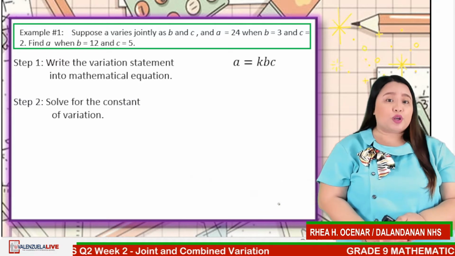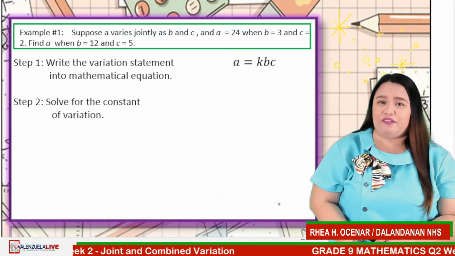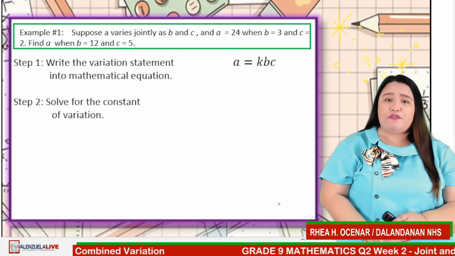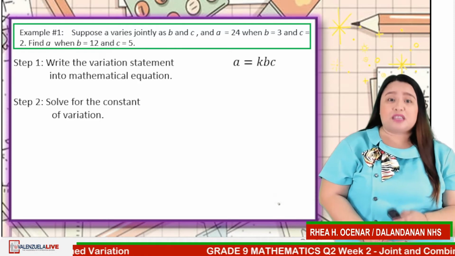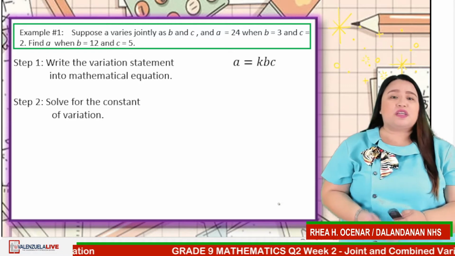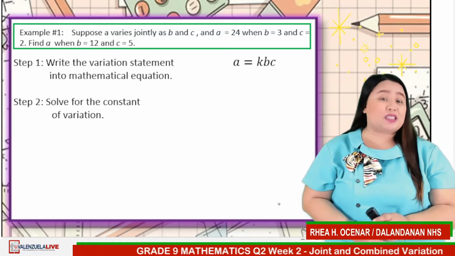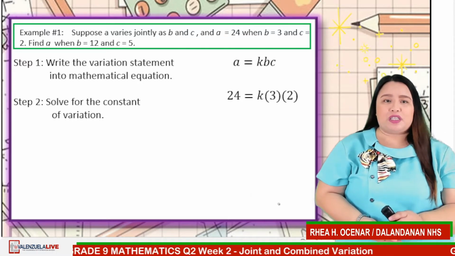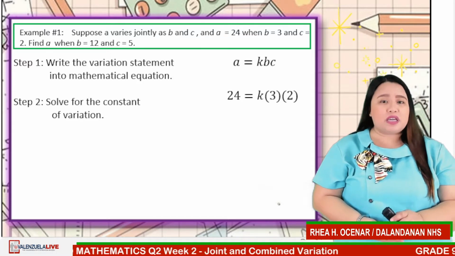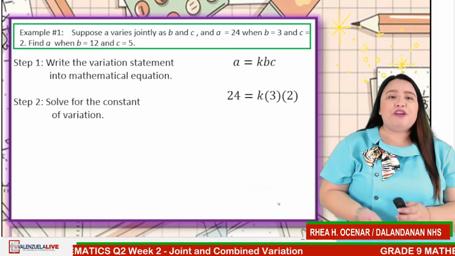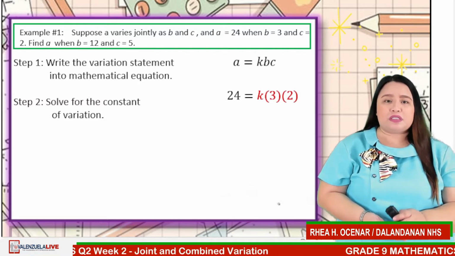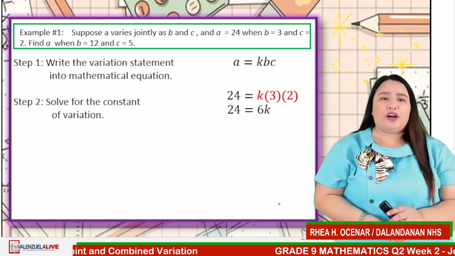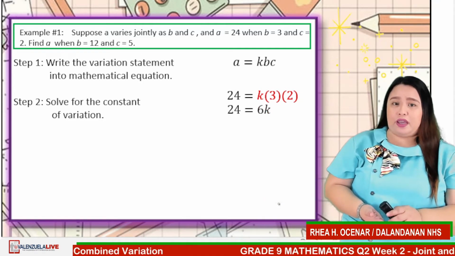Step 2. Solve for the constant of variation. We will use the value of A is 24 when B is 3 and C is 2 to solve the constant of variation. By substitution method, we have 24 is equal to K times 3 times 2. Simplifying, we have 24 is equal to 6K.